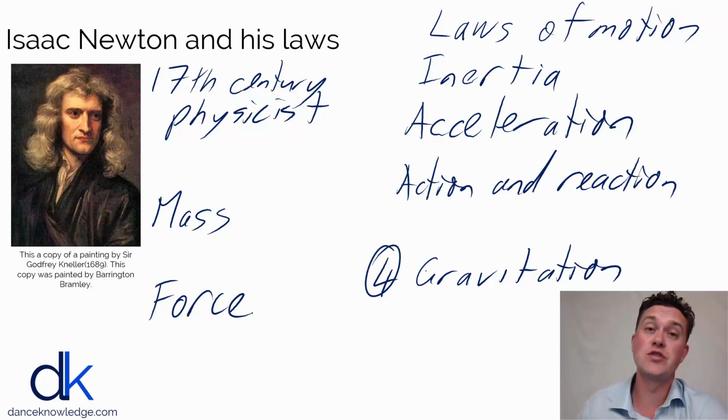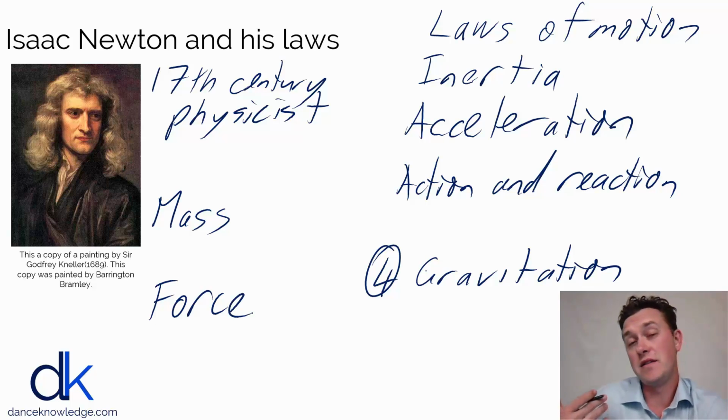Because really what the laws are describing are the way that objects, that is objects that have mass or have weight, can move around through space as a result of the forces that are applied on them. So obviously a dancer has mass and a dancer has weight, and of course they move.